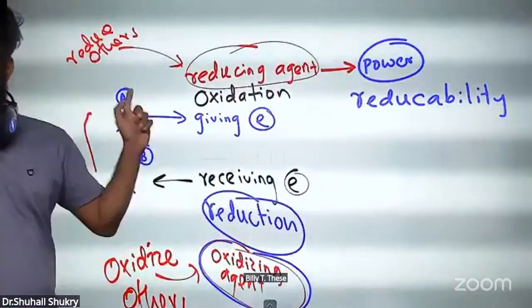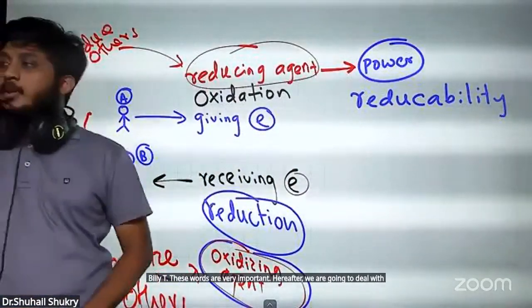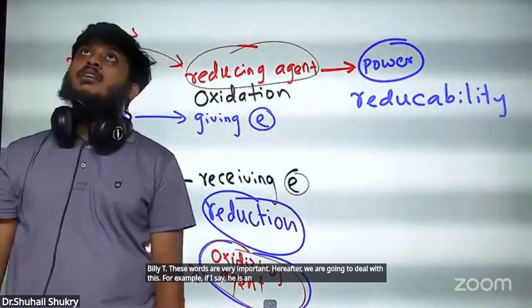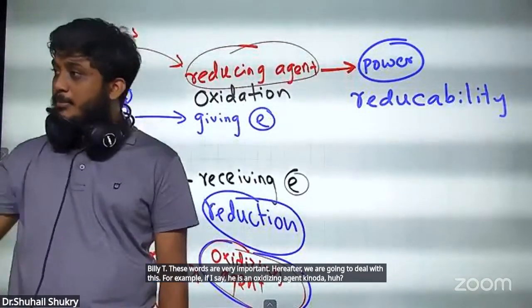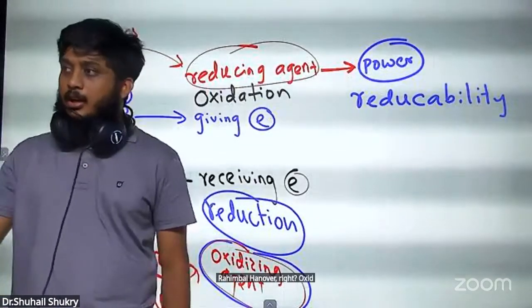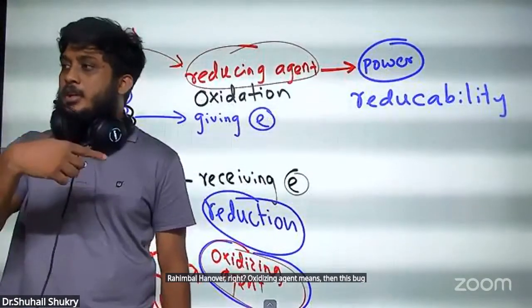These words are very important; hereafter we are going to deal with them. For example, if I say he is an oxidizing agent, that means he is going under reduction. He's doing oxidation for others.